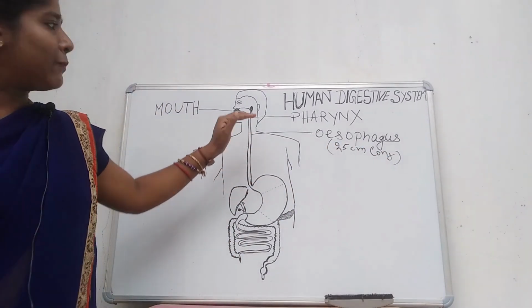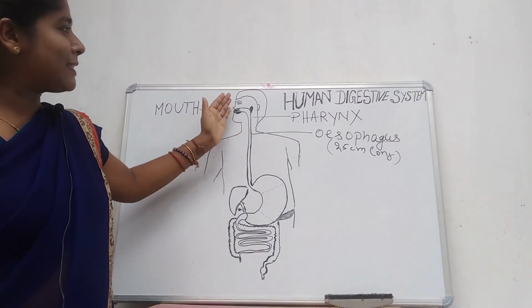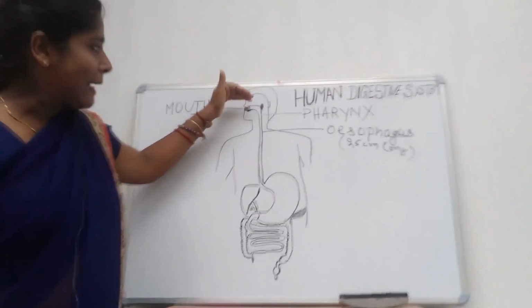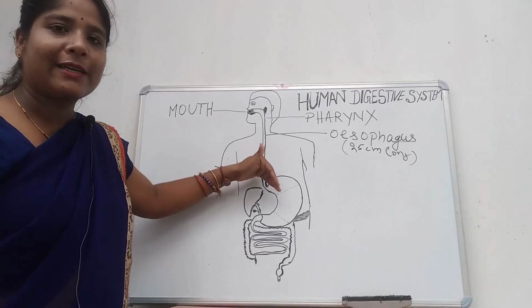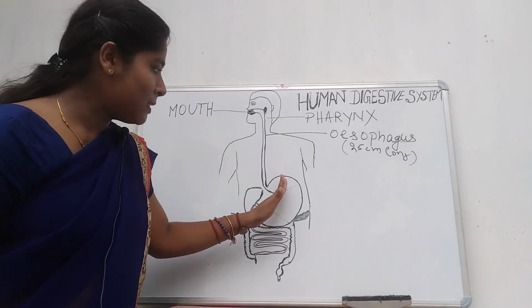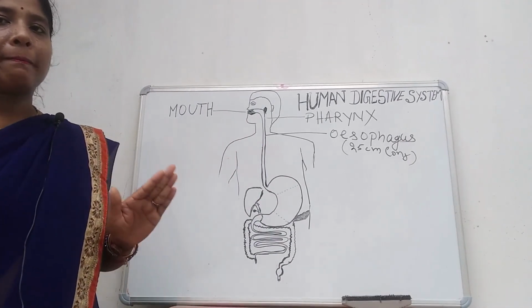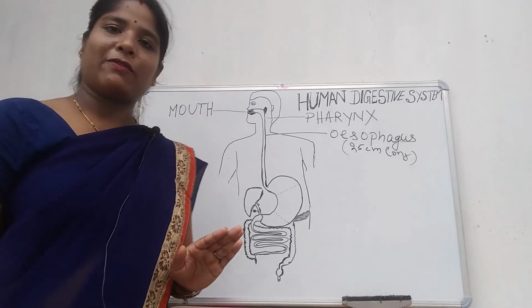And the food which is swallowed passes through the esophagus and reaches the stomach by the movement of the esophagus.